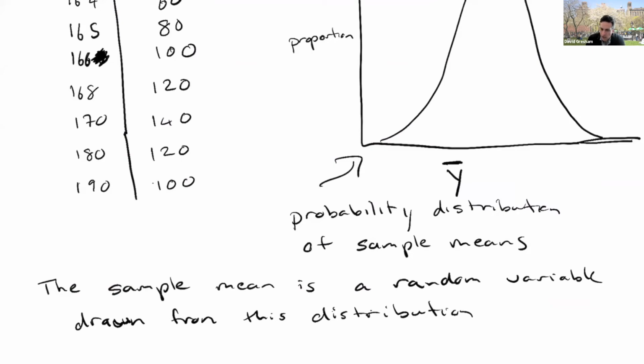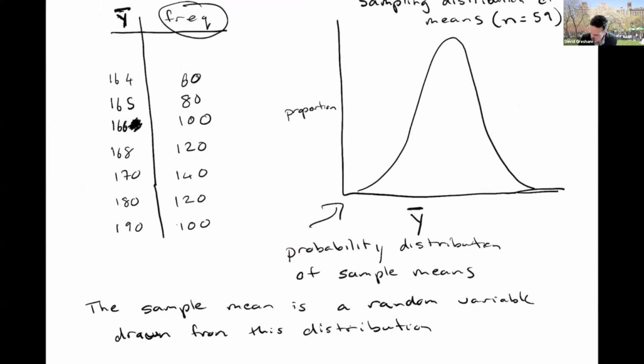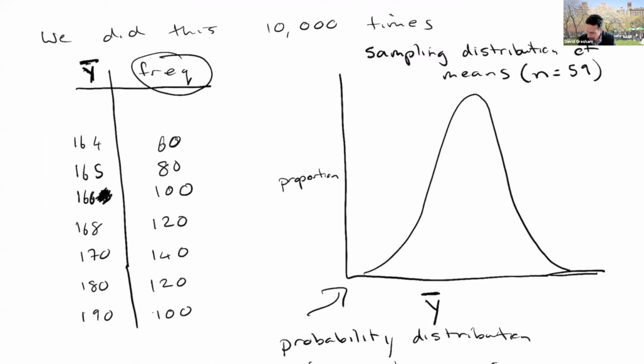But here's the catch. The catch is we never get to see this distribution. Okay, this is not a distribution unless we're Mark, and we've done this crazy project that Mark's embarked on. We're never going to see this distribution, but it exists, inaccessible to us, except through the magic of computers, and that's what we're going to use today.